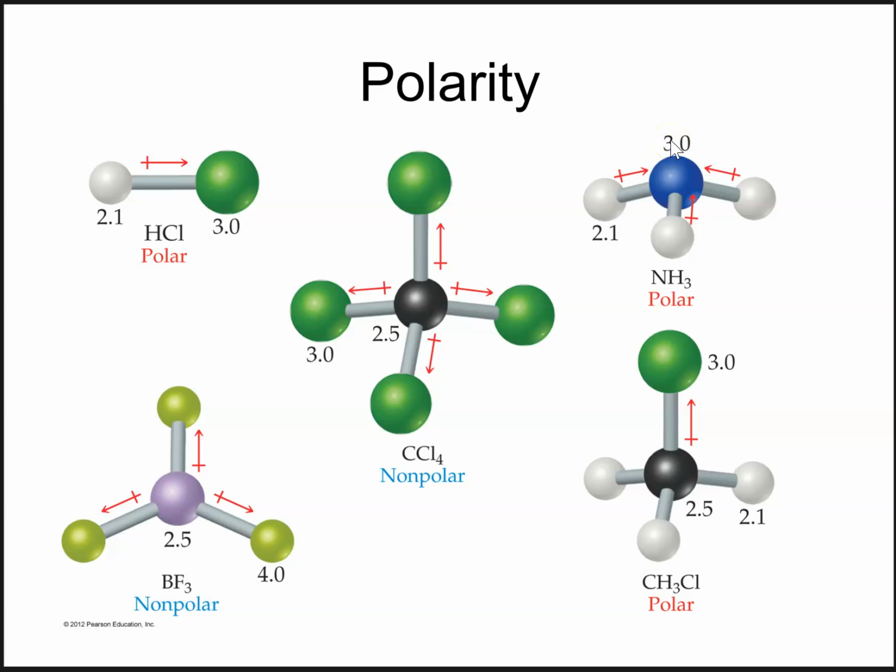You can see here with HCl, NH3, and CH3Cl, we have 3 polar molecules because either an atom is a lot more electronegative or we have a lone pair on it. We also have 2 nonpolar molecules because the central atom in each of these is being pulled equally by the surrounding atoms, thus canceling each other out.